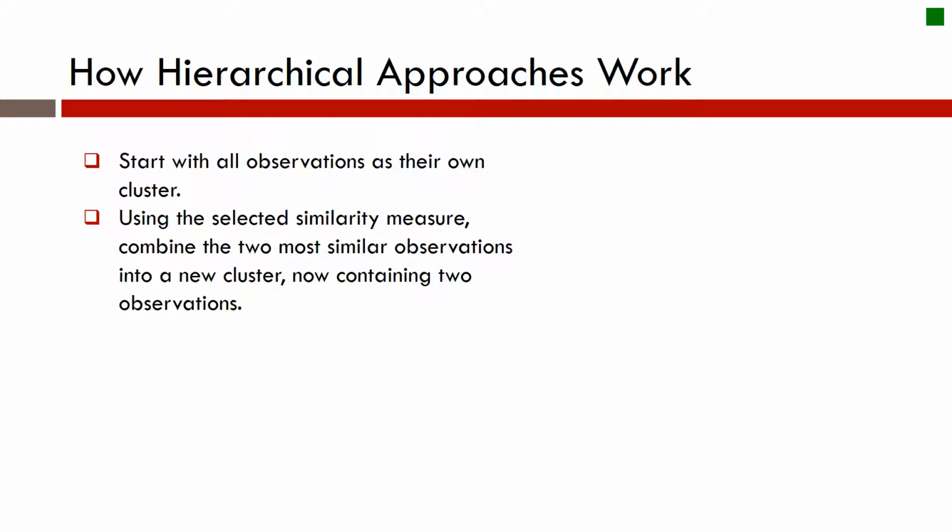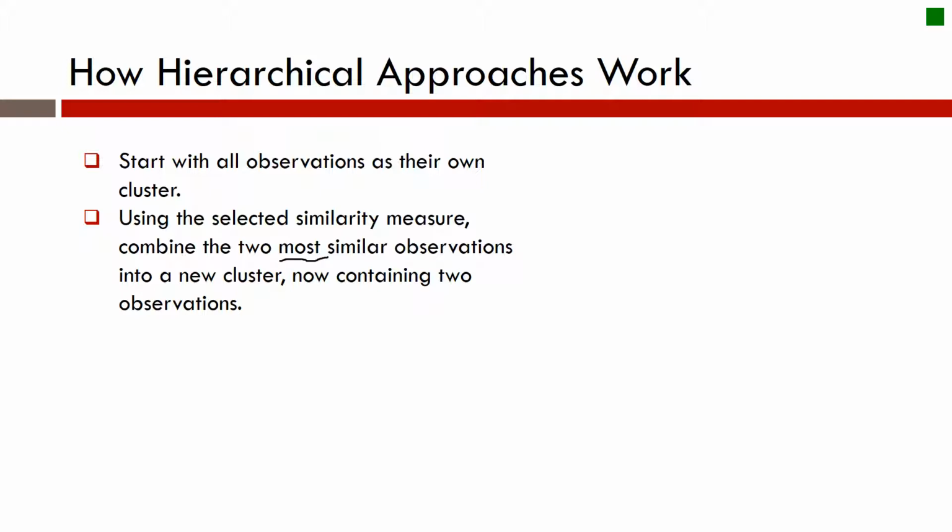So we start with our observations, each of which is its own cluster. Just imagine that every observation you have is its own cluster. And then the software will typically choose the two observations which are most similar to each other.